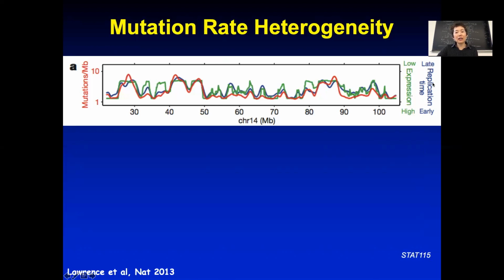Also, if you look at the DNA replication, you can see regions that have early DNA replication have low mutation, but regions that are replicated late have higher mutation. It's kind of interesting. What we know is that this is looking at epigenetics. Regions that are replicated early are more open chromatin, whereas the regions that replicate late are more heterochromatin.